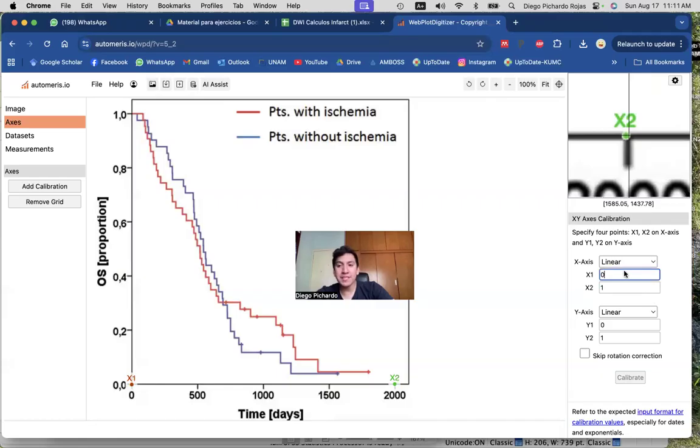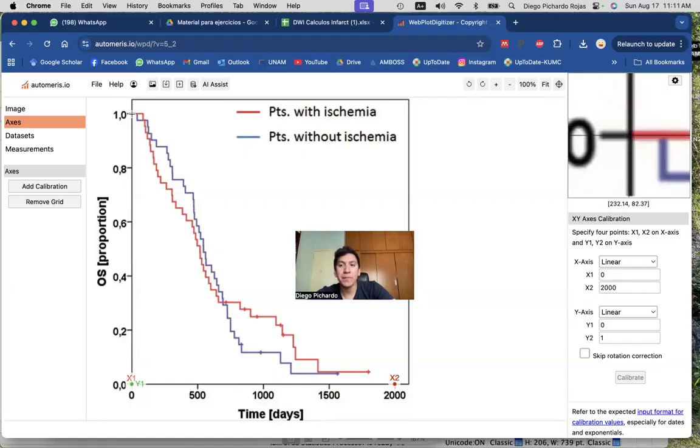So this is 0, and this would be 2000, all right? And then we're gonna mark our y-axis, which would be over here and over here. So this is 0 to 1, all good.